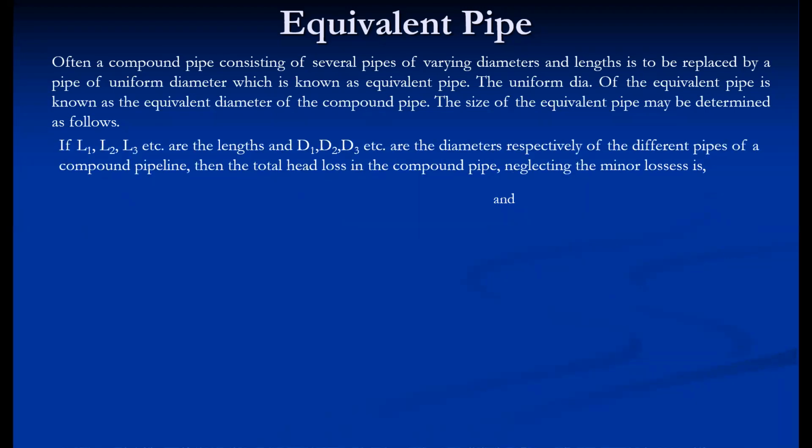As far as the compound pipeline is concerned, suppose L1, L2, L3, etc., and D1, D2, D3, etc., are the lengths and diameters of the pipes, and L and D are the length and diameter of the equivalent pipe respectively.